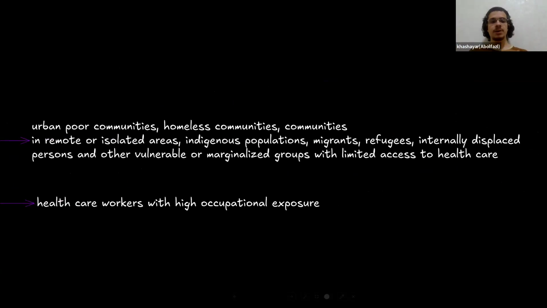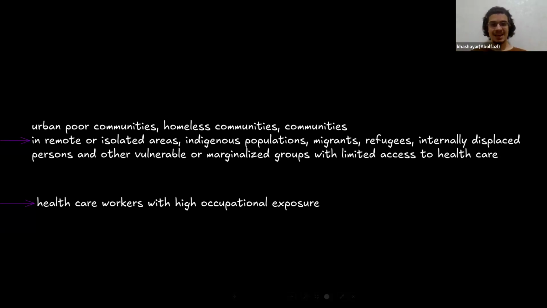What do we mean by structural risk factors? There are two general groups. One is the groups that have limited contact with the health system, and because of that, they're at higher risk for getting TB, particularly homeless communities, poor communities, communities in remote or isolated areas. Generally, TB and mycobacterial infections to a greater extent are known as diseases of poverty because of this.